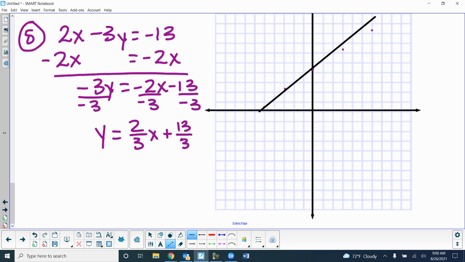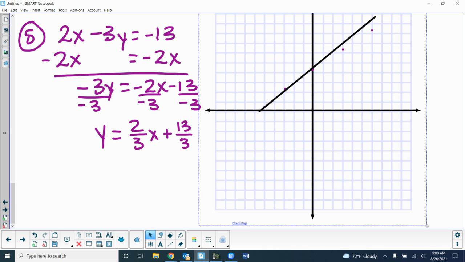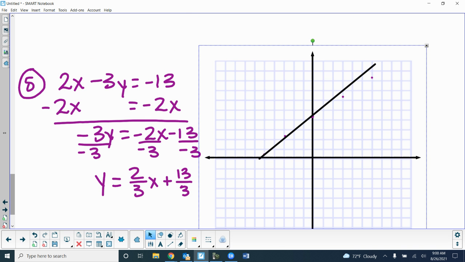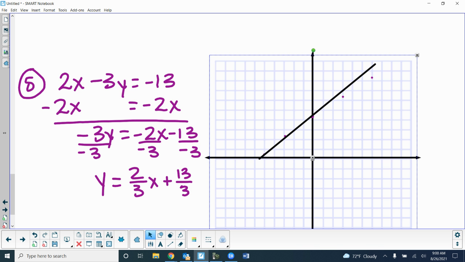This is a little off, I think, my graph. What's off about it? I think my y and x axis are off a little bit. Doesn't it look like it's off a little bit? See if I can move this. Let me see if I can fix this a little bit. I don't like that being off. All right.